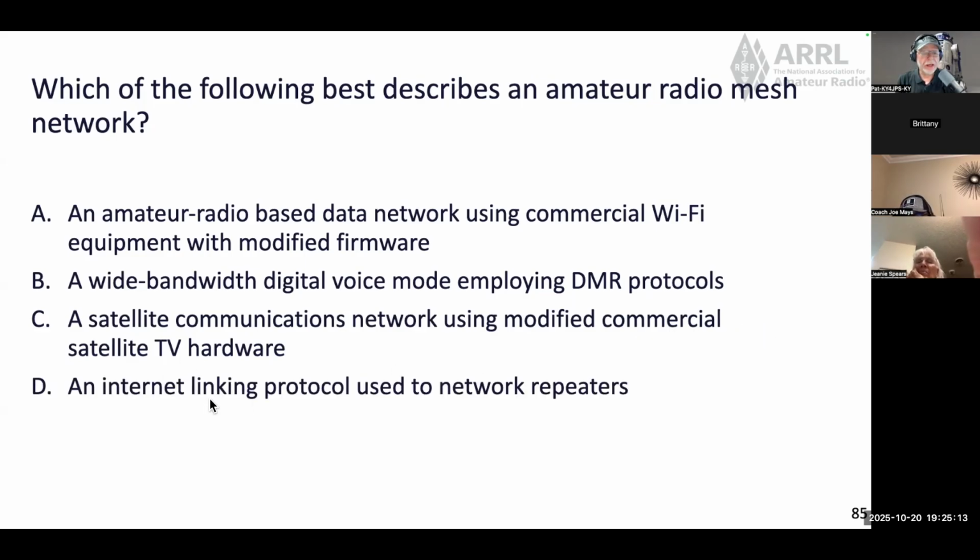Or D, an internet linking protocol used to network repeaters. Well, we know it's not that one. I'm going to come back up here: an amateur radio based data network using commercial Wi-Fi equipment with modified firmware. So it's a radio mesh network. So the answer is going to be A.